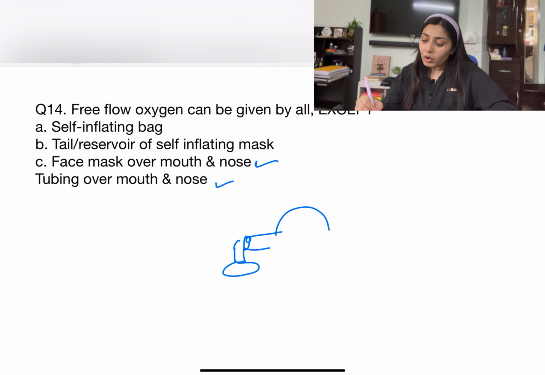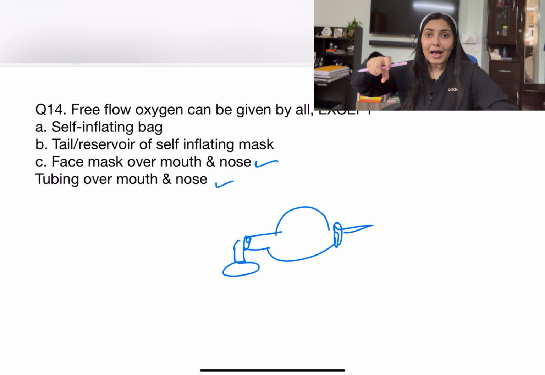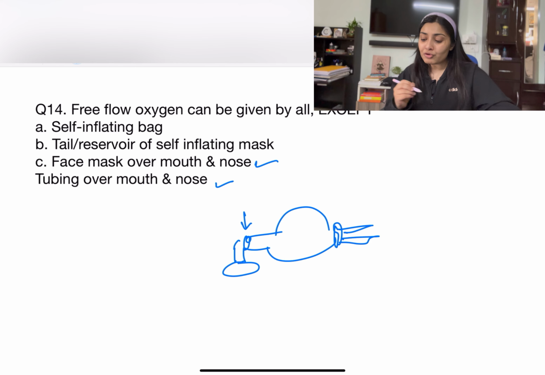So we have a valve over here. If you press the bag, this bag will push air forward, and as soon as you leave it, this self-inflating bag will inflate back on, and further air entry is prohibited from the patient end because of the presence of the valve. So free flow cannot be maintained here.